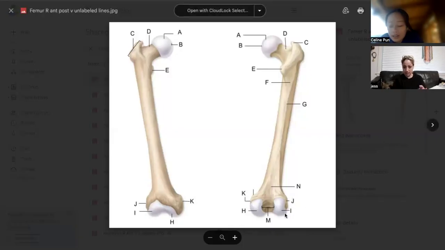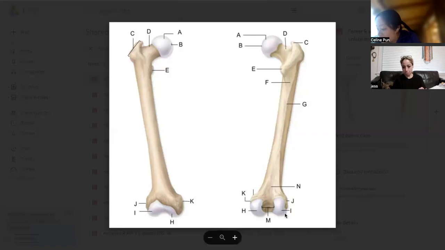There's also the adductor tubercle. I'm trying to pinpoint it on this. It's not lettered. You see this little area up here above K that has no letter? Oh yeah. So that's the adductor tubercle. That's above the medial epicondyle.